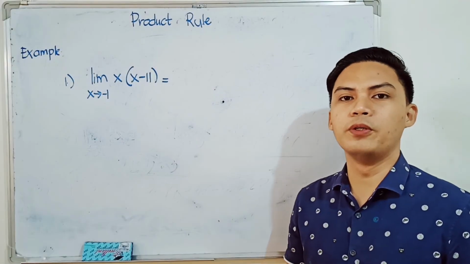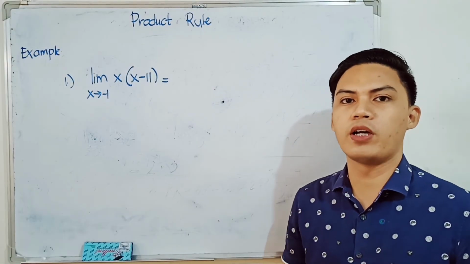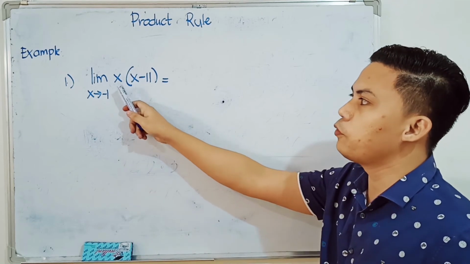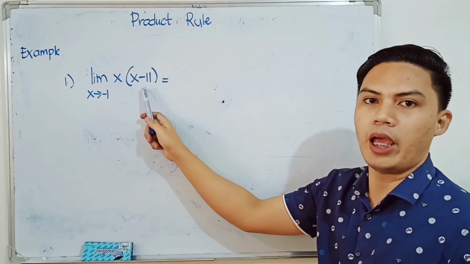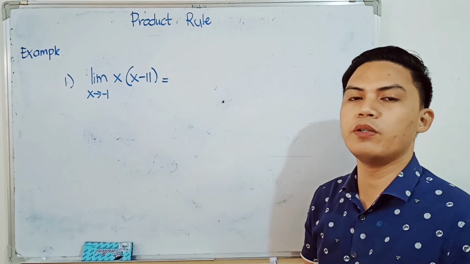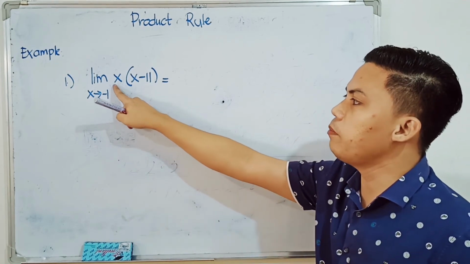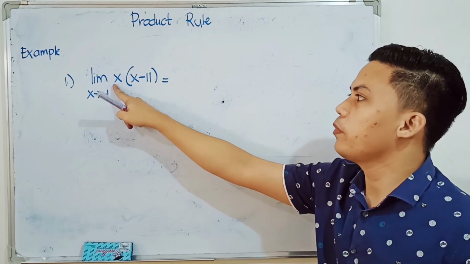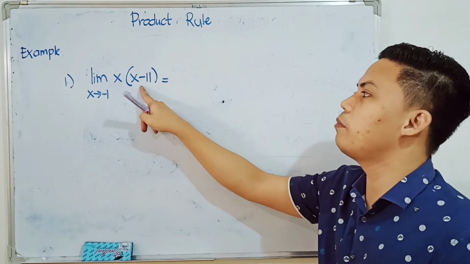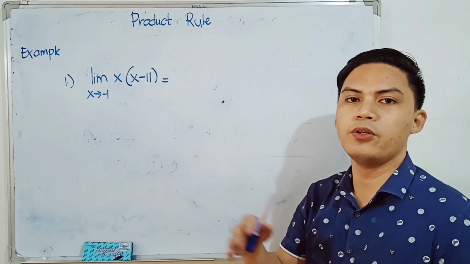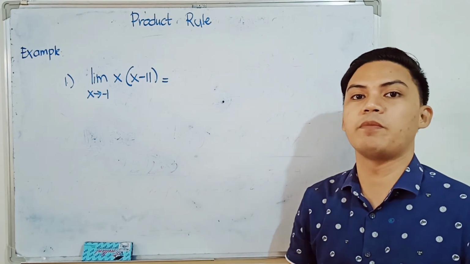So sa product rule, we are given two or more functions. So in this case, we have two functions, yung x at yung x minus 11. So sabi sa product rule, para makuha natin yung sagot, we simply get the limit of the first function, then we're going to multiply it to the limit of the second function. So, kukunin natin yung limits nila separately.